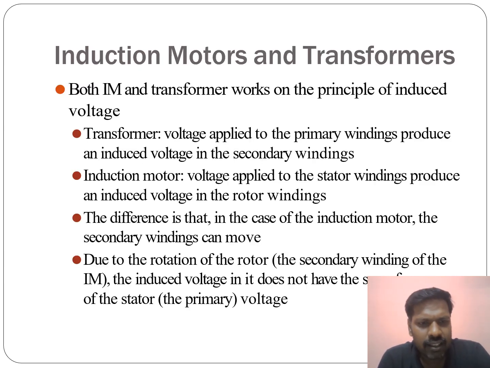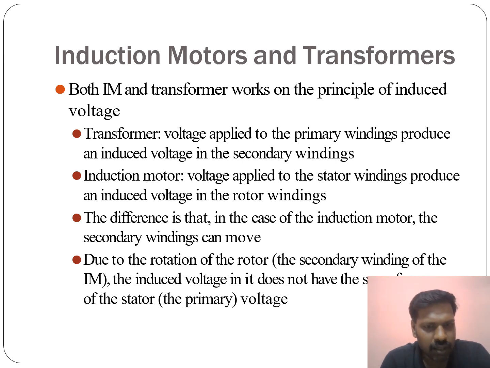There is a strong analogy between an induction motor and a transformer. Both operate based on the principle of induced voltage in coupled windings. In a transformer, voltage applied to the primary winding produces an induced voltage in the secondary winding, with both windings being stationary.